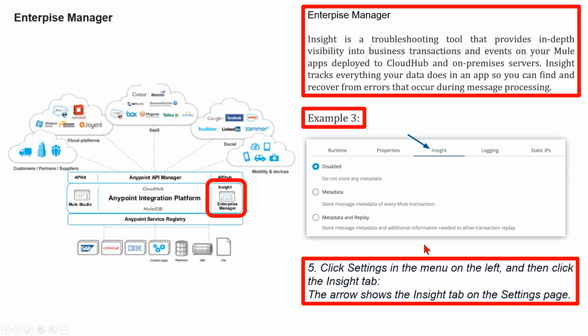This is step 4, click Settings in the menu on the left, and then click the Insight tab. The arrow shows the Insight tab on the settings page.